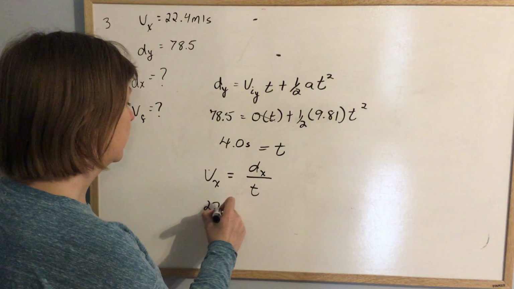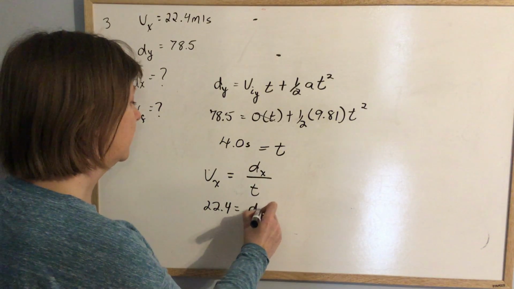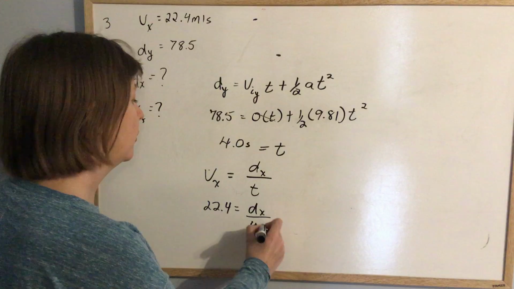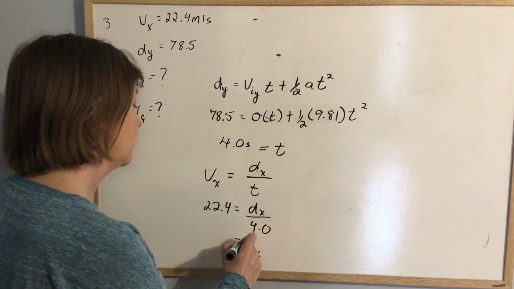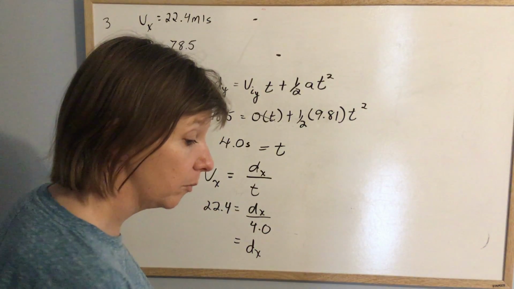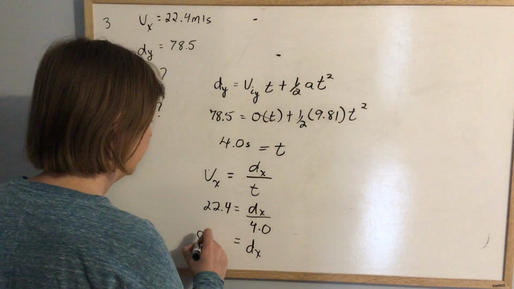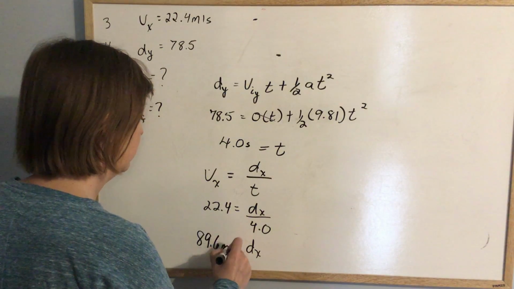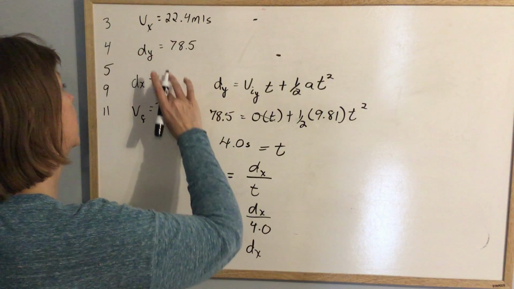So 22.4 is equal to my displacement divided by 4. So my displacement was really 22.4 times 4, which was 89.6 meters.